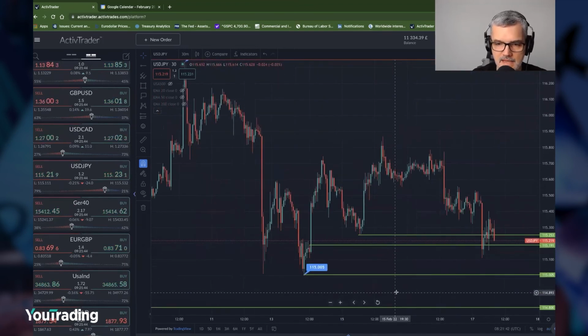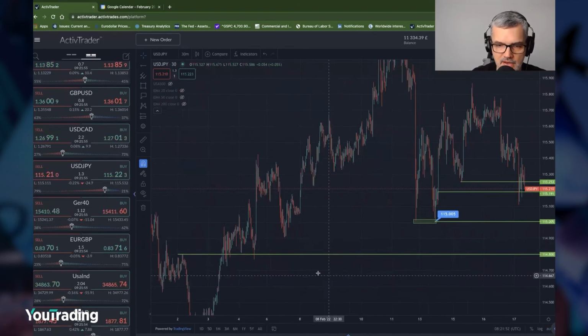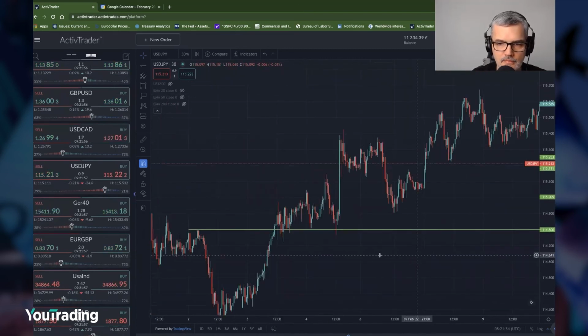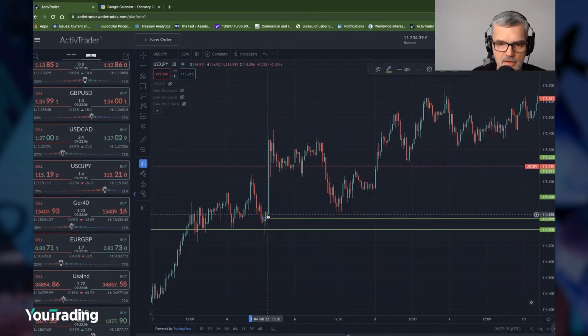We're now waiting to see if they take out this double bottom here. If they take that liquidity from underneath the 115, then we'll be looking to the left here. Again, swing low, third candle, come back down, test the middle of that on this candle. So there's no liquidity there.